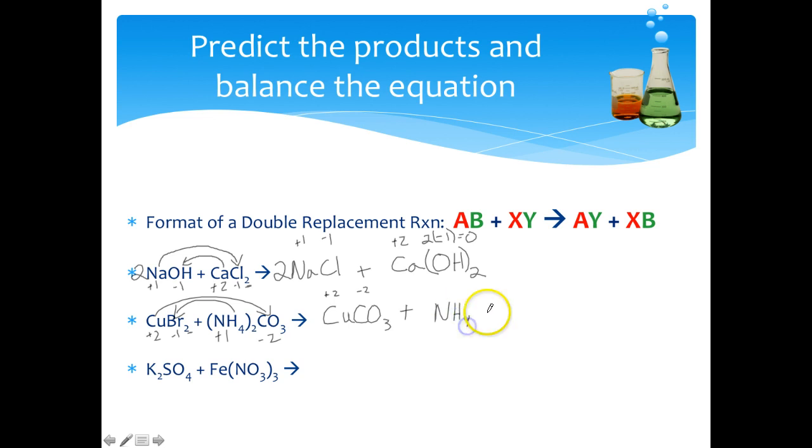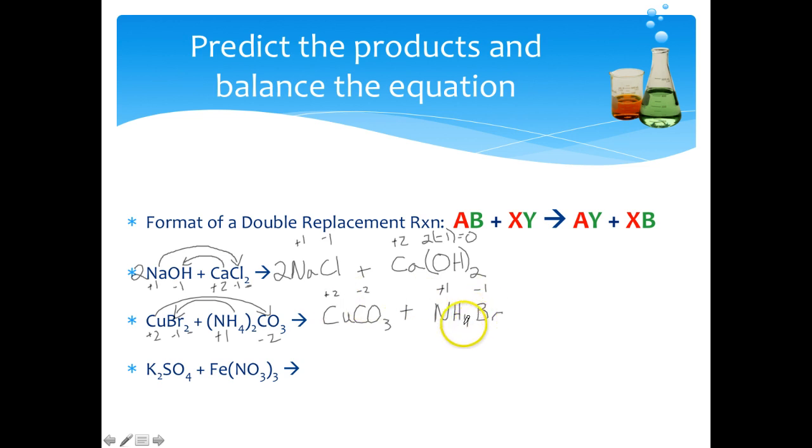So we got NH4, Br. Okay. NH4, ammonium, rule of 0, that's a +1, and bromine is a -1. We are all set. Rule of 0 has been met on both.